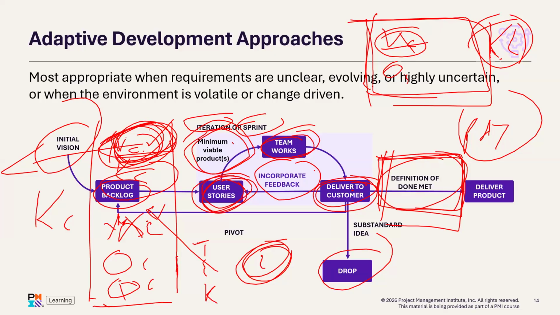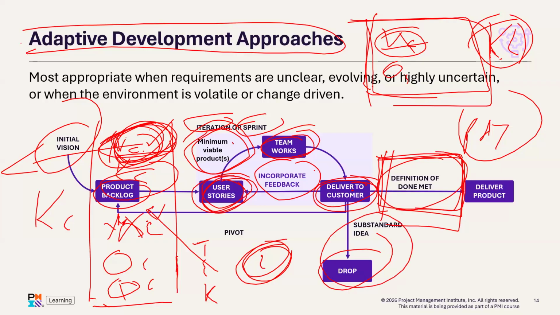Now, the goal of any development team using the adaptive approach is to, as quickly as possible, develop a minimum viable product. The earlier it takes you to create a minimum viable product, the better it is, because this is a project being done under uncertainty, and chances are we may spend a lot of time working on features that are not valuable.